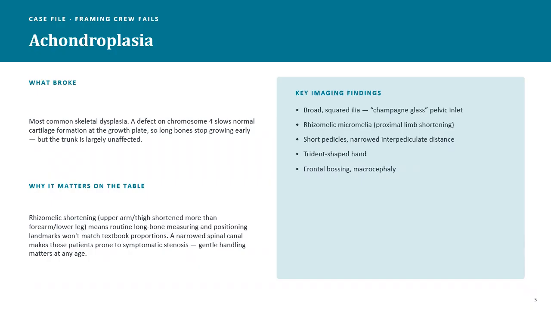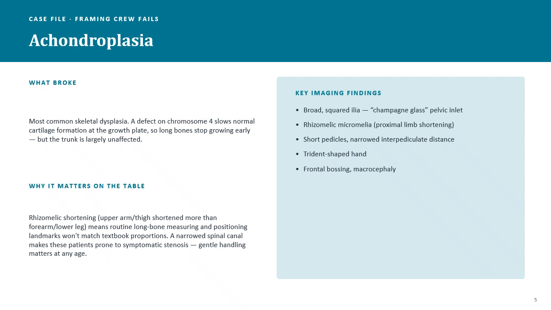All right, now we're moving on to look at specific conditions or specific case files. So we're going to start with achondroplasia, which is one of the best examples of what we consider skeletal dysplasia. The main problem with achondroplasia is that it occurs at the growth plate where cartilage should develop and then be replaced by bone.